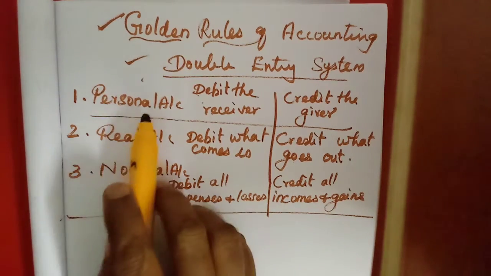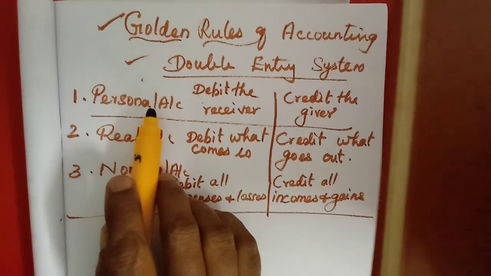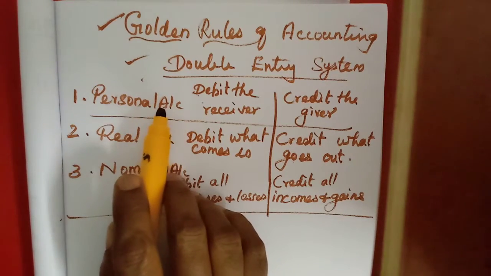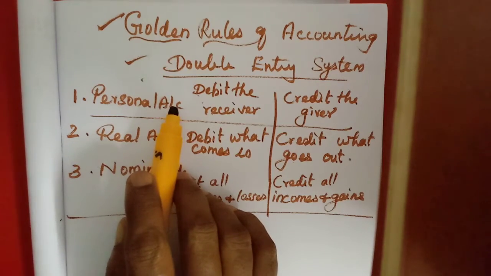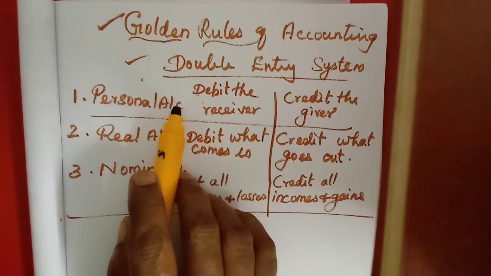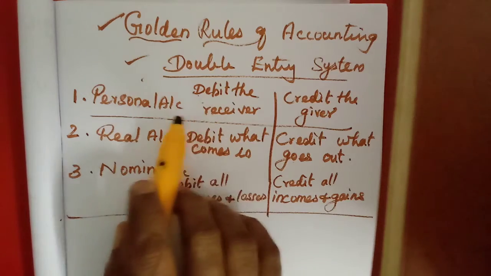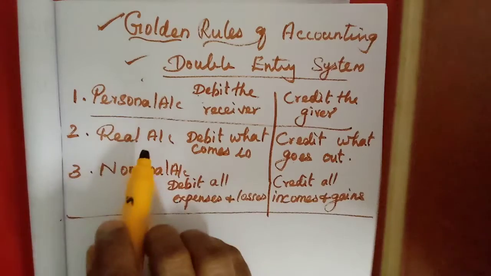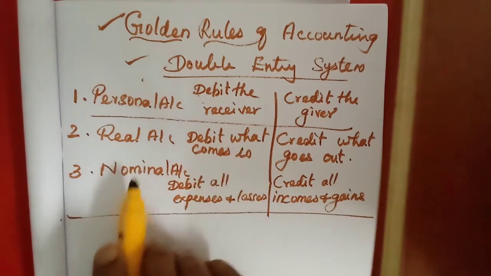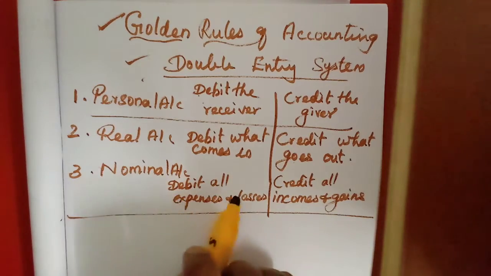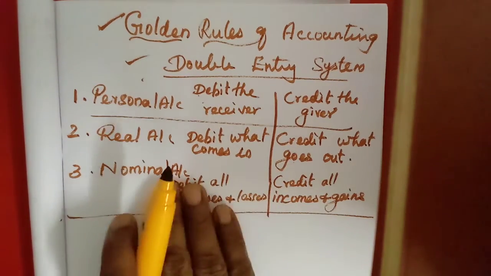Personal account is divided into three: natural person, artificial person, and representative personal account, that is the outstanding or prepaid salary and income. Then real account: all the assets and properties. The nominal account: all expenses and losses, all income and gains.